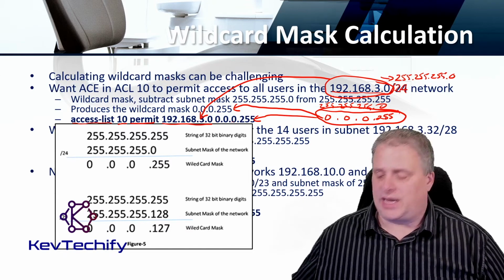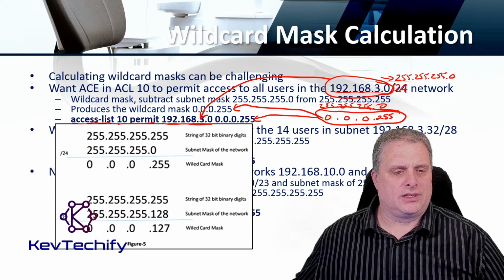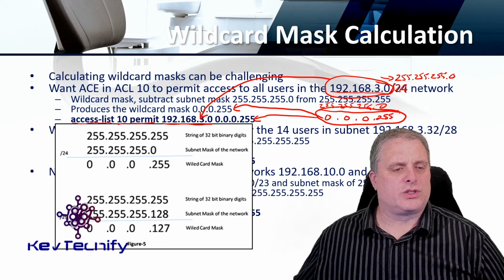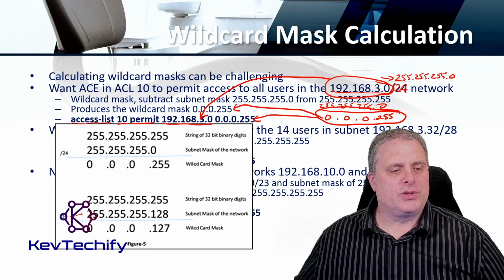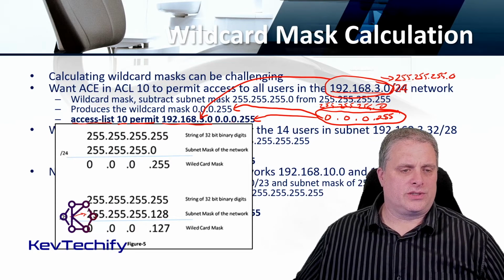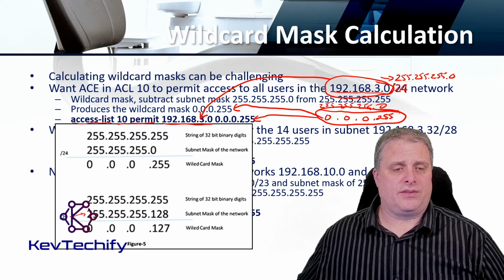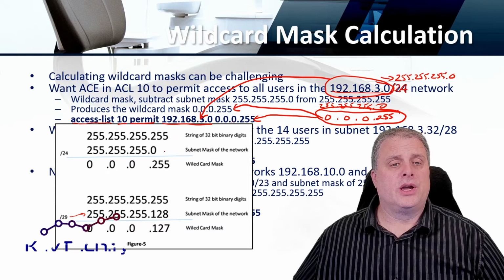In another example, we do the same process. We take our 4 255s and then we put the subnet mask in. Here we have a subnet mask of /25. When you convert that to dotted decimal notation, 25 ones followed by zeros to fill in up to 32 bits, you get 255.255.255.128. Go through, subtract these.